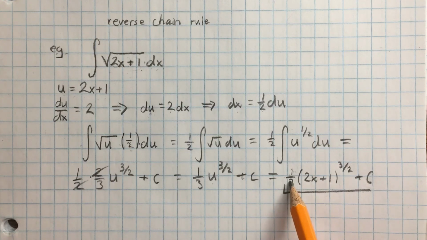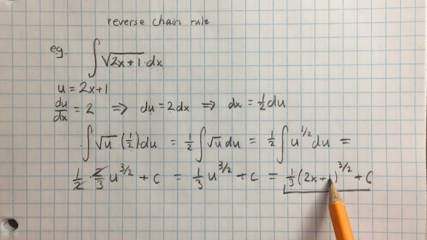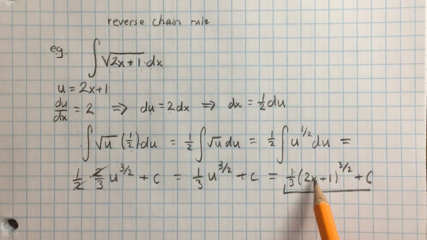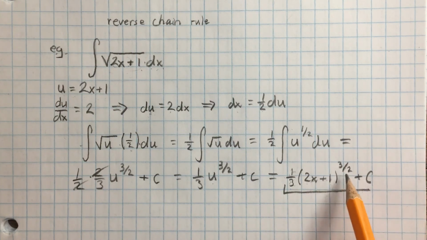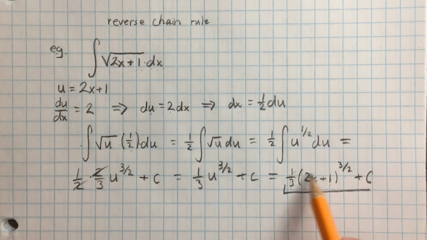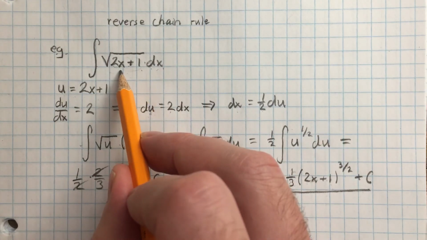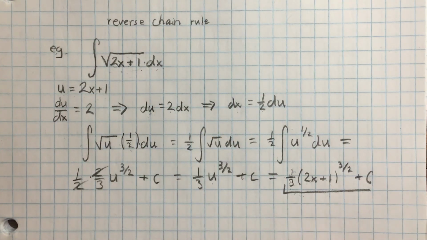So I'd have 1/2 (2x plus 1), and this would lower by 1 to 1/2. So I would have 1/2 (2x plus 1) to the 1/2 times the derivative of the inside, which would be a 2. So I have 1/2 (2x plus 1) to the 1/2 times 2. The 2 and the 1/2 cancel, and the 1/2 power is really a root. So I'd have the root of 2x plus 1. That is my integrand. I'm now confident that this is the correct answer.